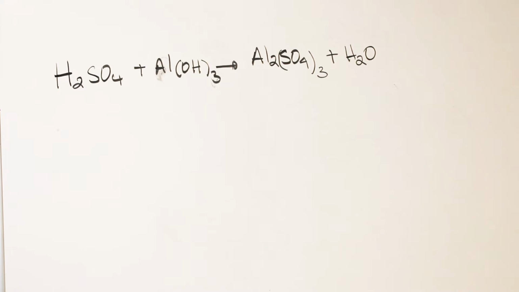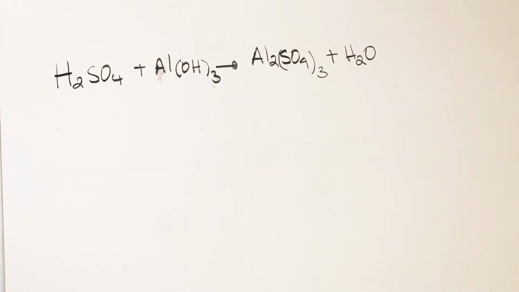And when adding a coefficient, that doesn't mean it's going to stay like this. We just keep guessing until we check both sides and see every element or compound is equal. So we're going to try with this equation.